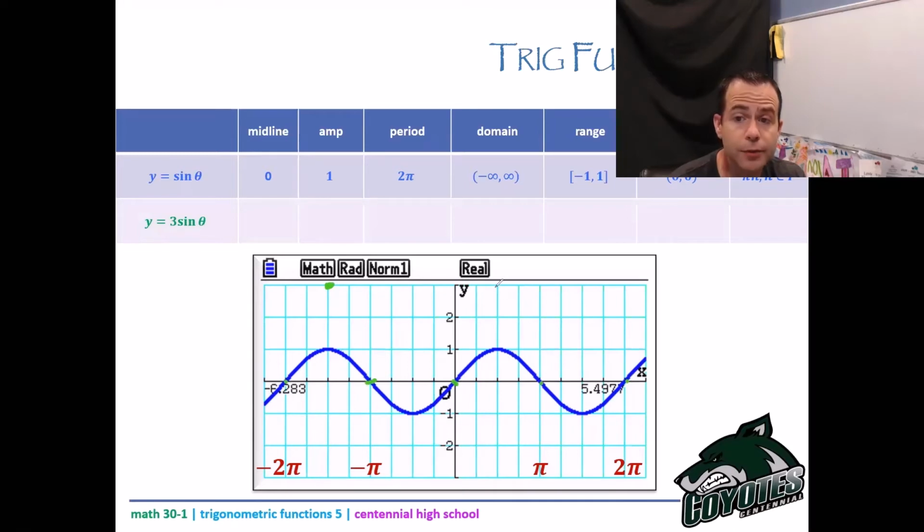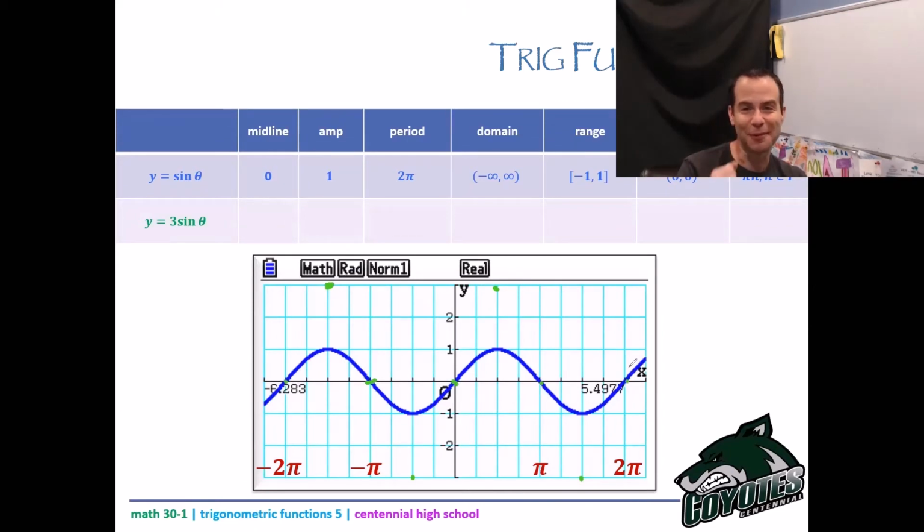But now my max goes up to 3, and my min goes down 3, which is right there. So you can foresee that graph looking like that if you can follow my mouse there. I don't really want to draw it in freehand right now because I'm going to do a super bad job of it with a mouse.